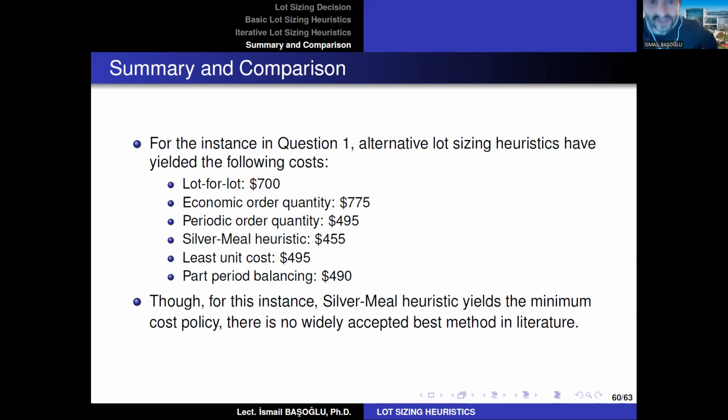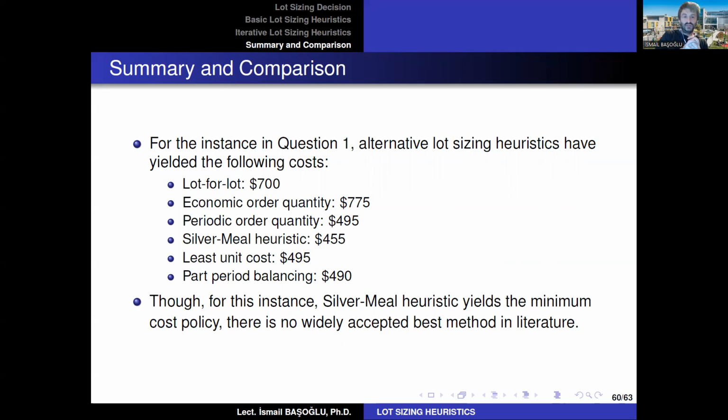It was just helping us to understand the problem that we have here, or understand how we should implement such a lot sizing heuristic. But if you have the just-in-time philosophy adapted between your supplier and you, then the lot for lot heuristic can do better results as well.